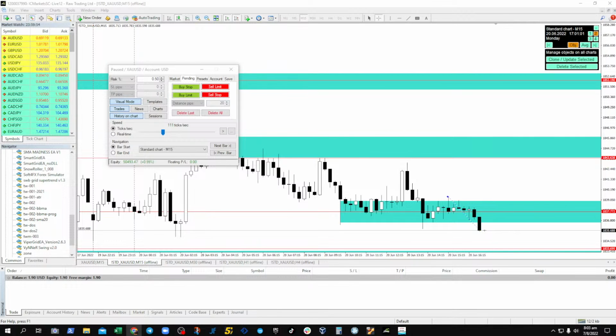Number of bullish pin bar. Okay, so first losing trade, and we'll see how the candle formed tonight.